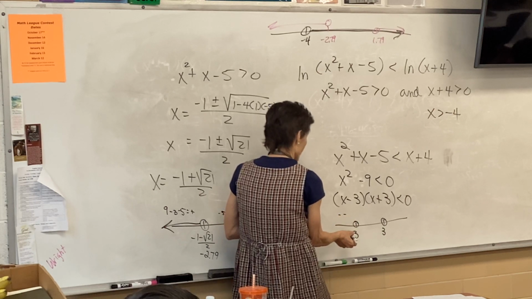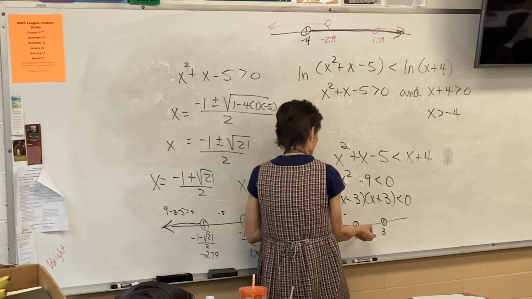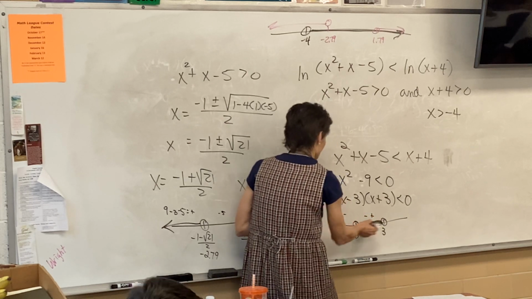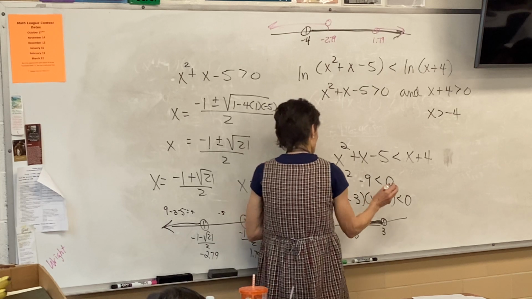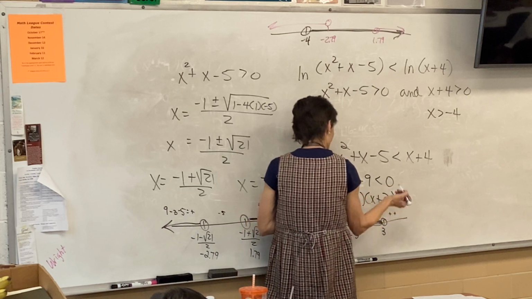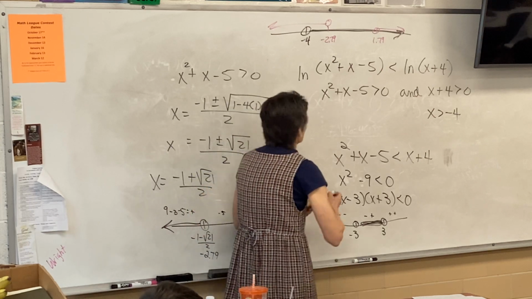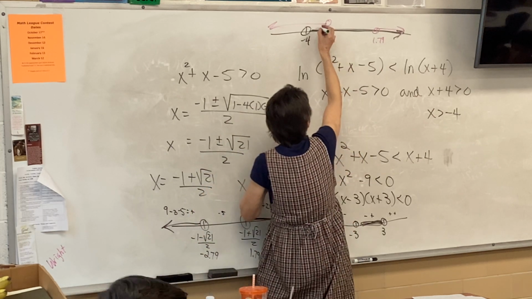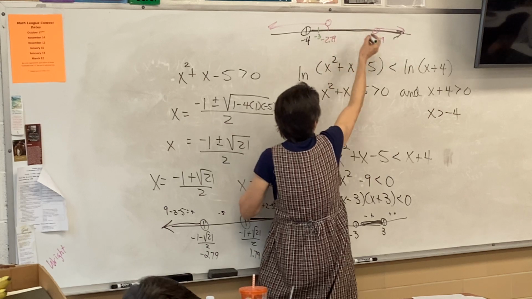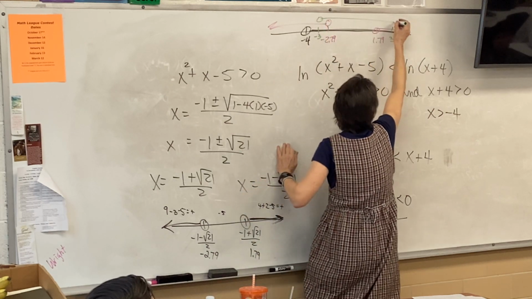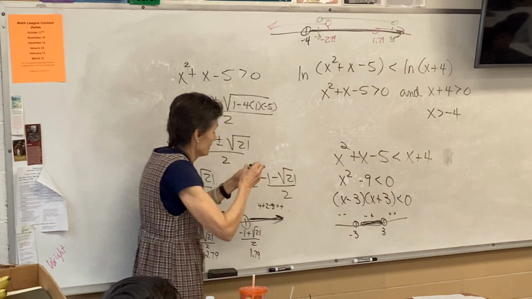That does not work. How about a 0? That does work. And a 4. So my green requirement is negative 3 to 3, unless I made a mistake.